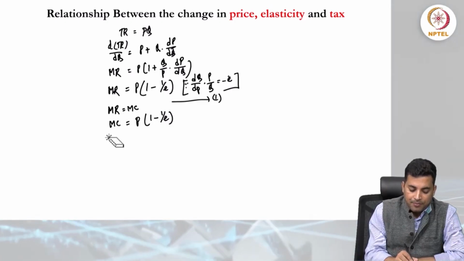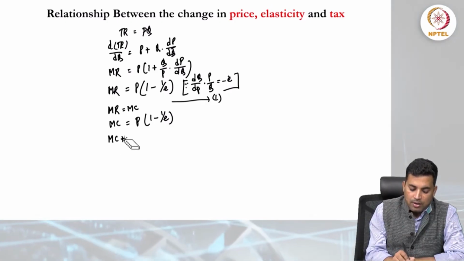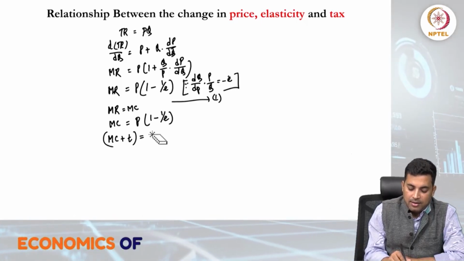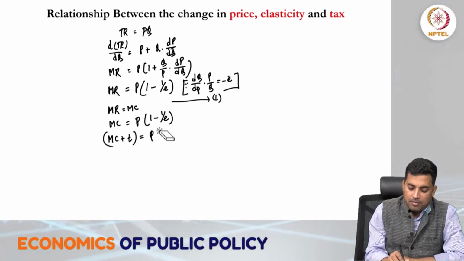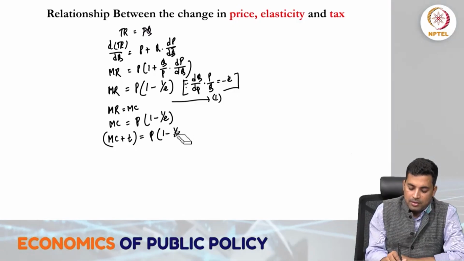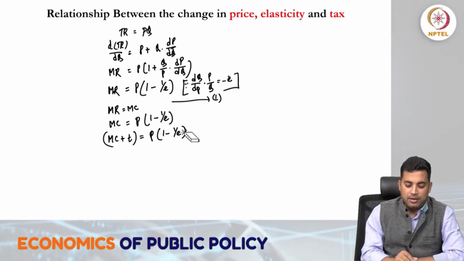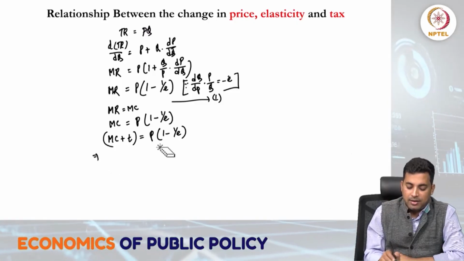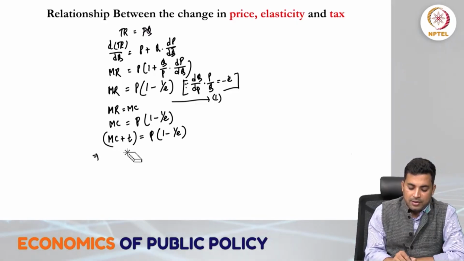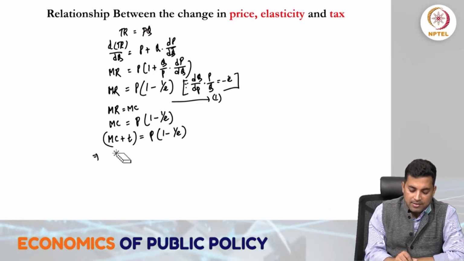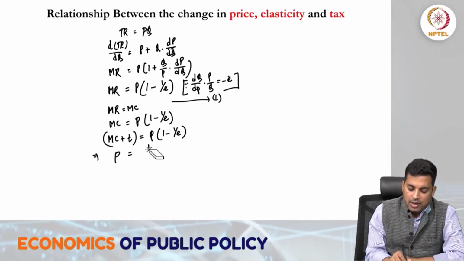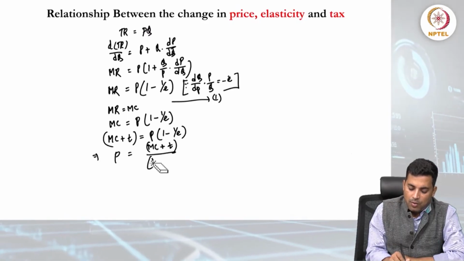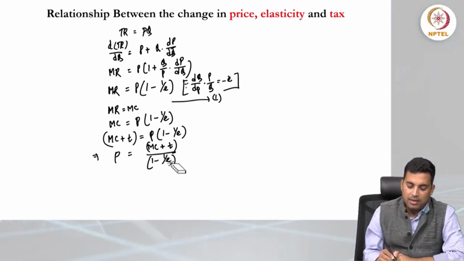Therefore MC will become MC plus T, and we can write the entire functional relationship as P equals (MC plus T) divided by (1 minus 1/E).